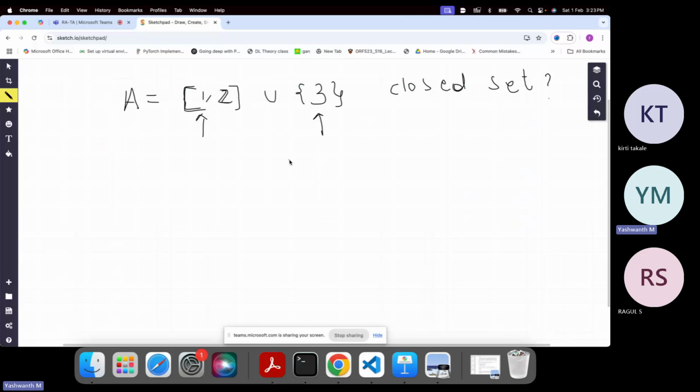The justification for this is, let's consider some set S to be {1, 2, 3, 4}. Only 1, 2, 3, 4; there is nothing else present in S. Does this set have limit points?